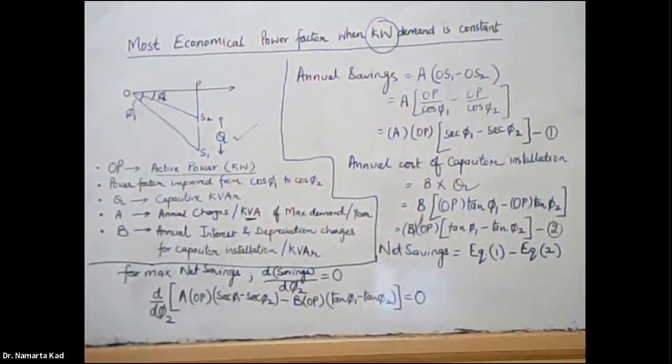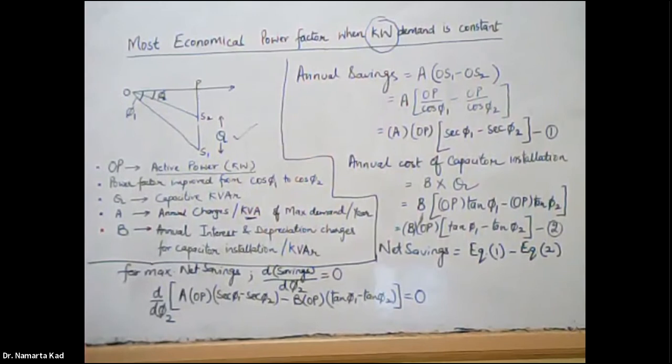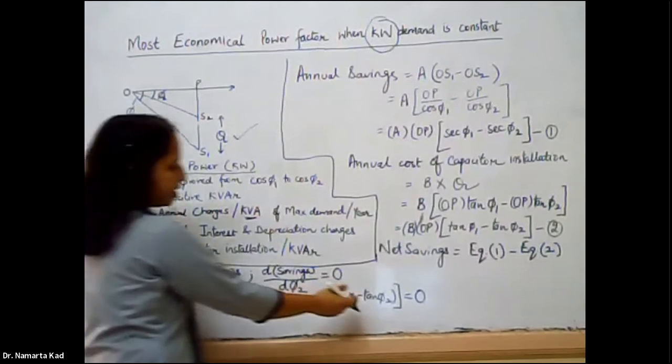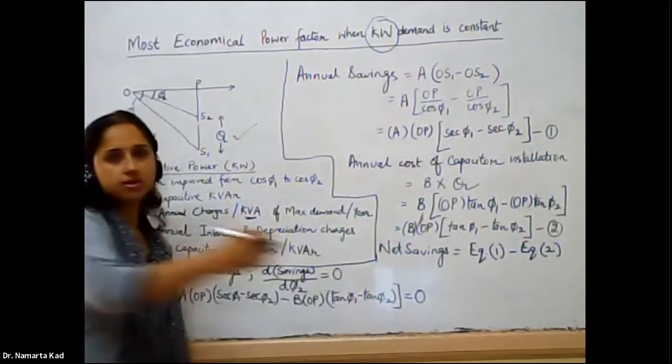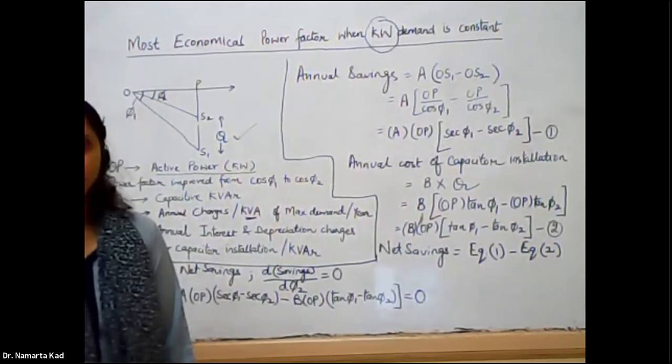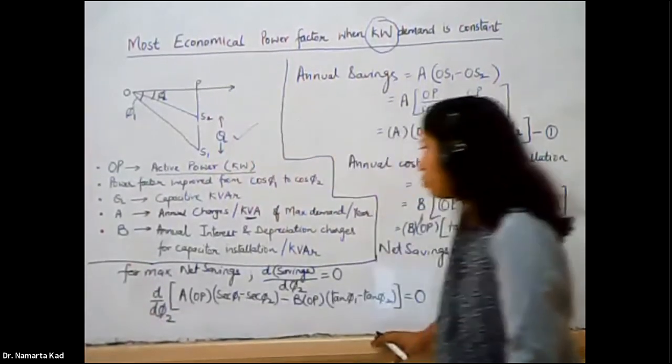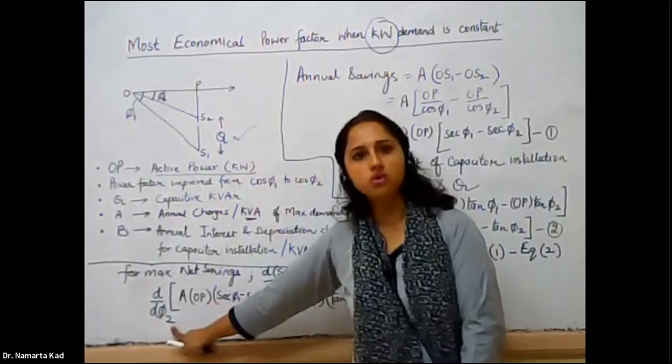Now we know that the differentiation of secant is secant into tan, and the differentiation of tan is secant square. One thing is we have to differentiate this equation with respect to phi 2 only.